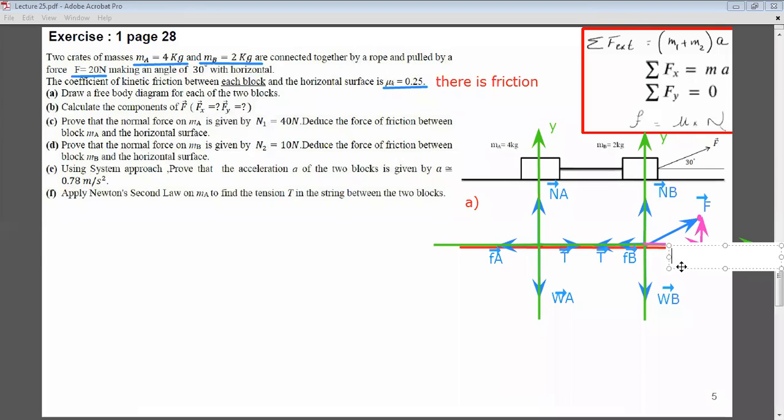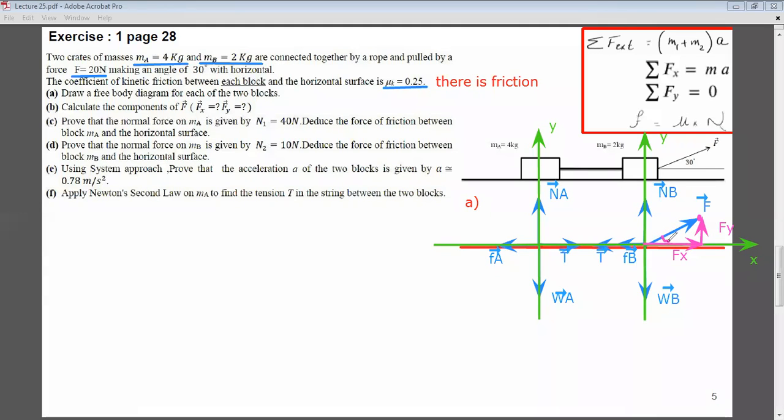This is Fx and this is Fy. Here is the angle theta.